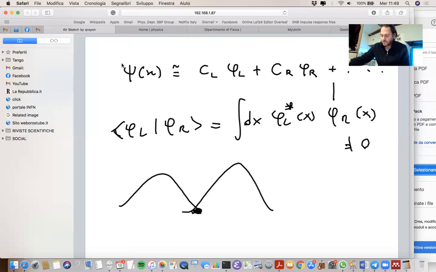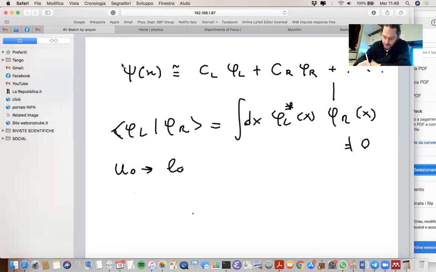However, it is expected to be exponentially suppressed when the barrier becomes high, because the harmonic oscillator wells are very steep, and the wave function decays exponentially, so the overlap between two exponential tails will be very small. So this is a model that should become accurate when the barrier is high, or when U naught is large. We expect to find this better and better when U naught becomes large. So the idea is that we close our eyes to the fact that this is not exactly orthogonal.